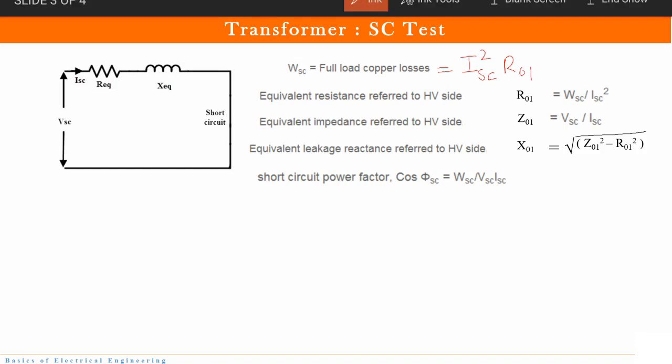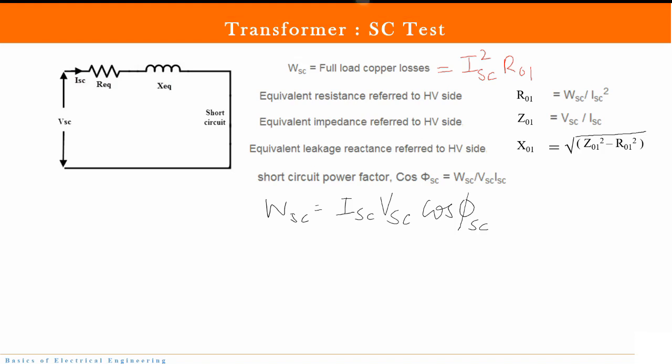This loss can be represented by WSC equal to ISC VSC cos. Now I will not write phi naught, because naught represents no load, but it is now the full load condition or short circuit test. So I will write cos phi SC. Fine. Okay.